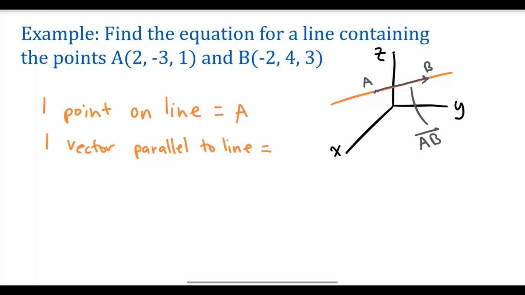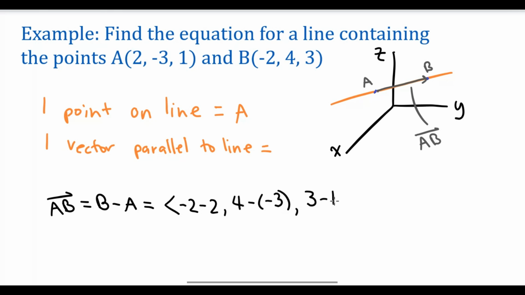So this is all we need to find for the vector parallel to the line. Vector AB is just represented as the B components minus the A components, which is -2 minus 2, 4 minus -3, 3 minus 1, which turns out to be (-4, 7, 2). And now we have a vector parallel to the line.